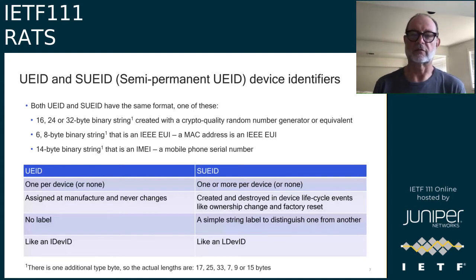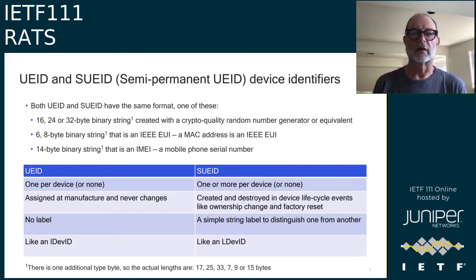So if you have 3 of them, you could have 3 different strings identifying them, and they could be like the use case for which they were generated. For example, maybe one is for FIDO or for some application. So the identifying string could just be FIDO. No registry for the strings. I assume there's going to be only a small number of them. So that's the top level of UEID and SUEID, and the new addition of SUEID.